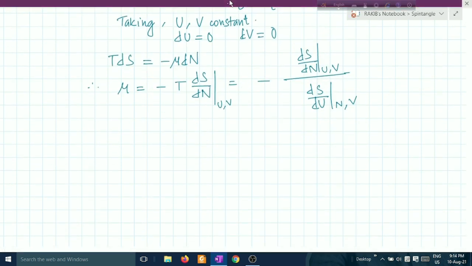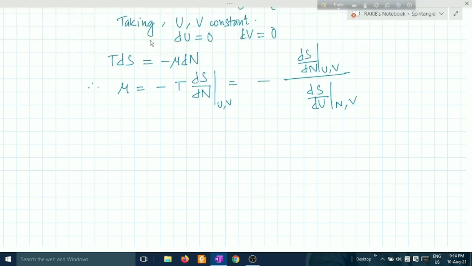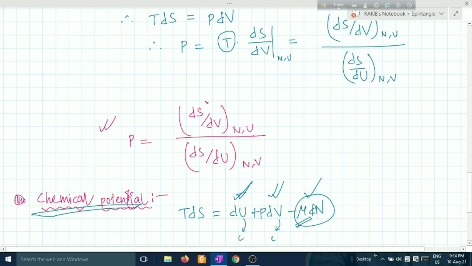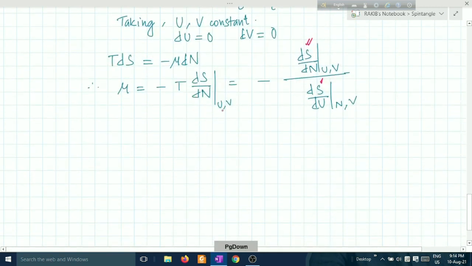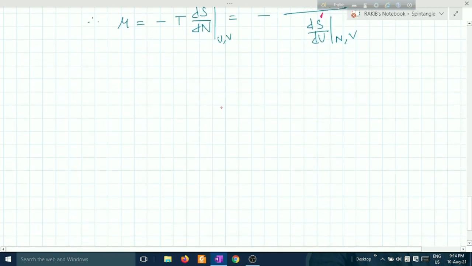Why is entropy called the leading variable? You may see that in each and every formula we are differentiating entropy. In this formula also we are differentiating entropy with respect to something. This is why entropy is called the leading parameter.